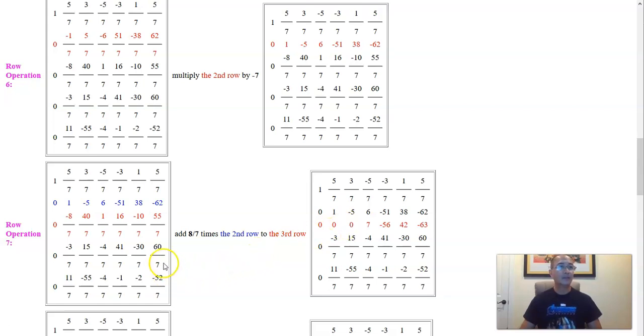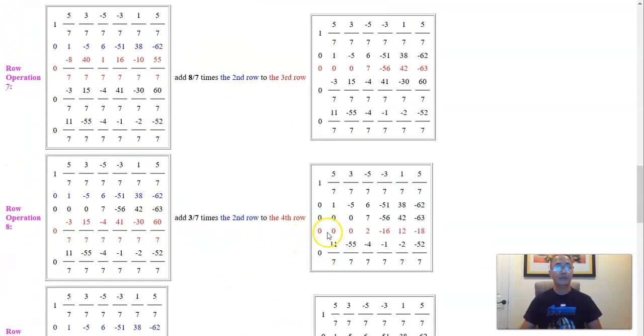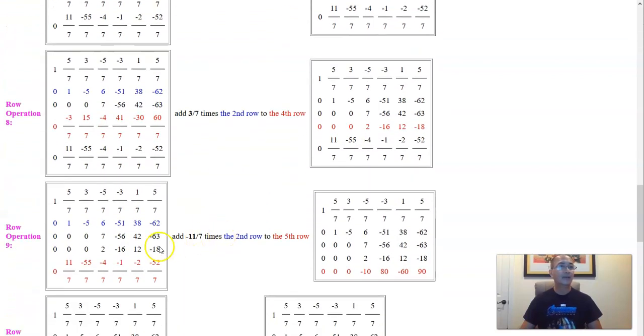So you keep doing this. You now have to add 3/7 times row 2 to row 4 and negative 11/7 times row 2 to row 5. So that is this operation. Again, we have 2 zeros. And then finally for the last row, we also have 2 zeros.